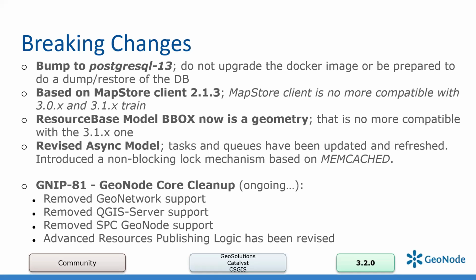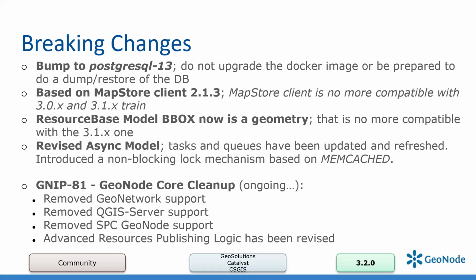The asynchronous model has also been completely refactored and revised. So we have not only a new version of Celery, but we also introduced memcached in order to correctly manage the locks, the lock mechanism between the different processors and workers.